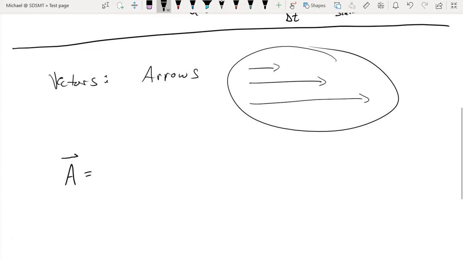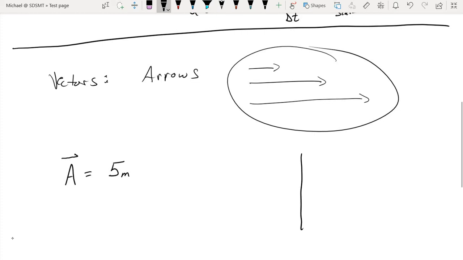And so what I can do now is say vector A is a vector that measures a length of 5 meters, but that's just the magnitude. This doesn't tell me yet the direction that this vector points in.